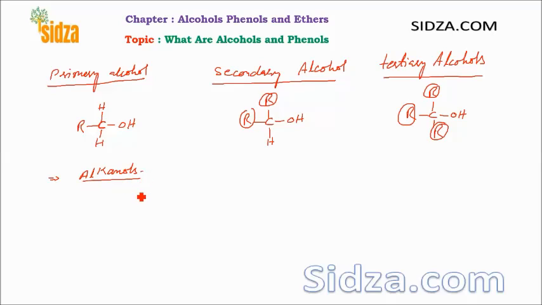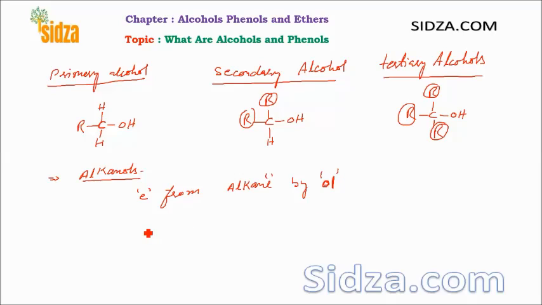Basically, when we name a particular alcohol, we replace the E from the parent hydrocarbon alkane, you know, the alkane name that we have. From the alkane, we are going to replace the E by the OL, right? By the term OL.